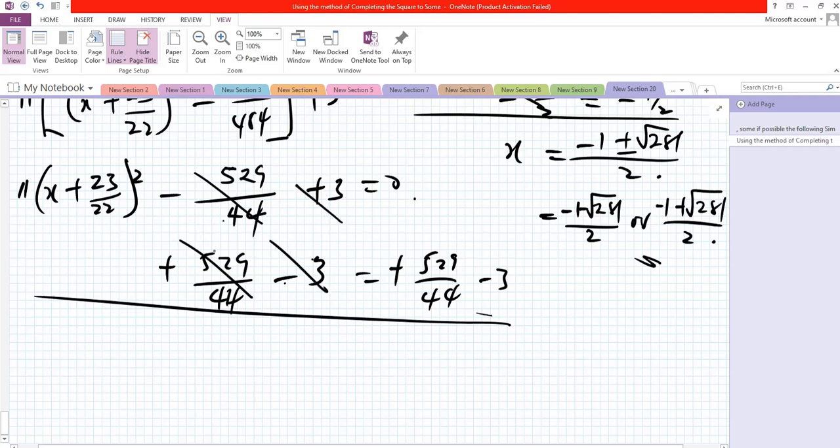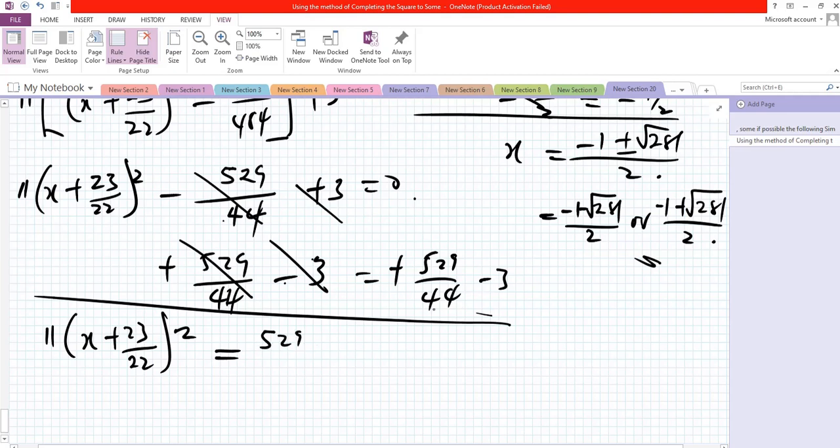We're left with this. So now we have 11 x, bracket open, x plus 23 all over 22 all squared, on the left hand side equal to, we have 5 to 9.